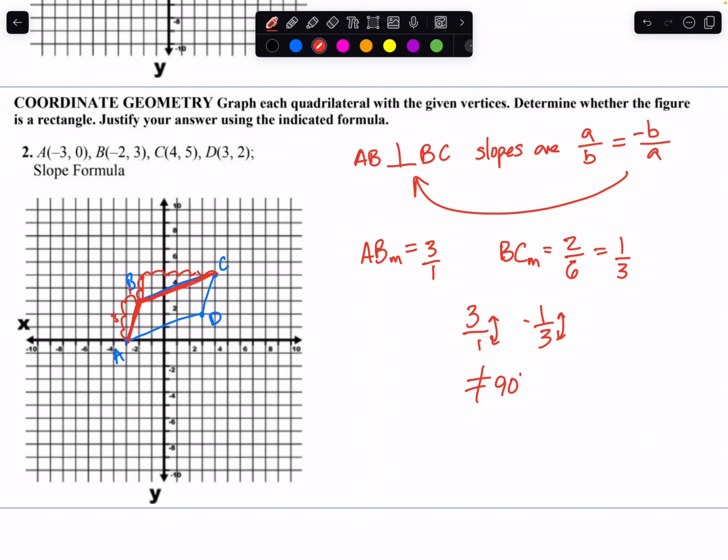I just have to check if one of them was 90 degrees. Since it doesn't pass the test, there's no need to check all four of them. If it had passed the test, I would have gone through all four corners and checked that the slopes were negative reciprocals. That's the key component. If the slopes were parallel, we then would have said that the slopes were equal to each other. But we were looking for negative reciprocals.